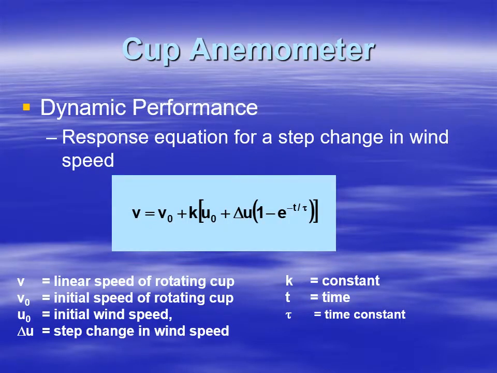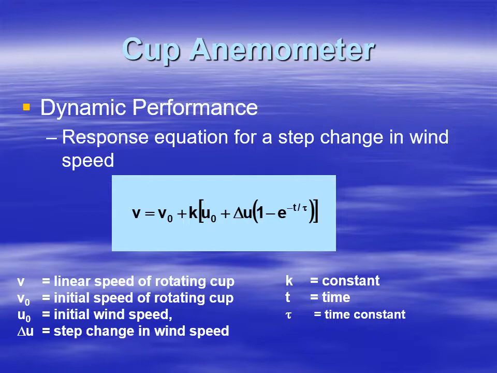So similar to our time constant for thermometers, here is an equation for the velocity of a cup anemometer. You can see that for any given linear wind speed, if you want to figure out the linear wind speed at any particular time, you need to know the initial speed of the rotating cup.